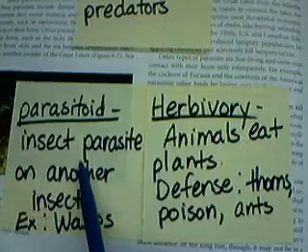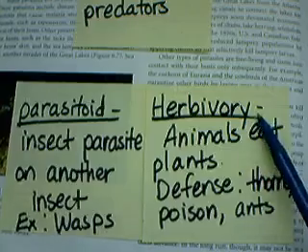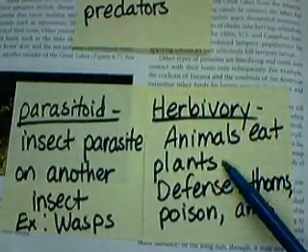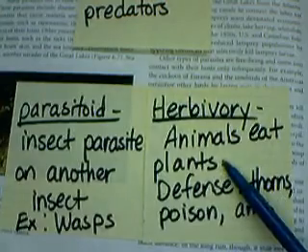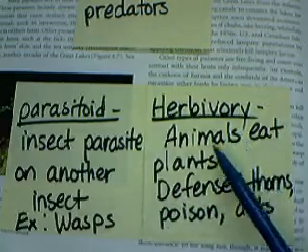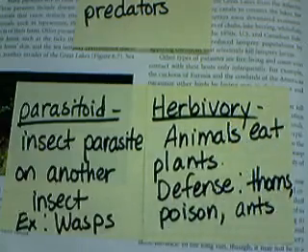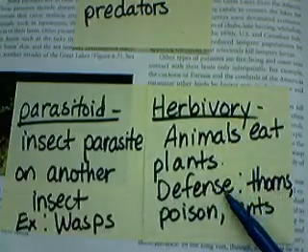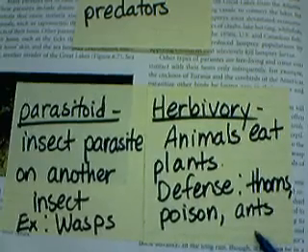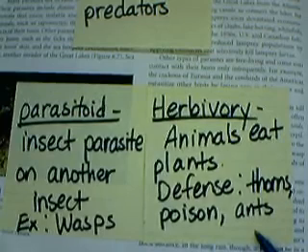Mimicry means that you look like something else. A snake that's harmless might rattle its tail pretending it's a rattlesnake to scare off predators. Make sure you know the names of each of these: cryptic coloration, warning coloration, mimicry. Make sure you know these names and be able to describe them for a possible free response question.